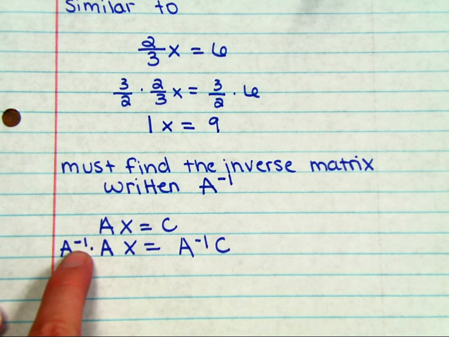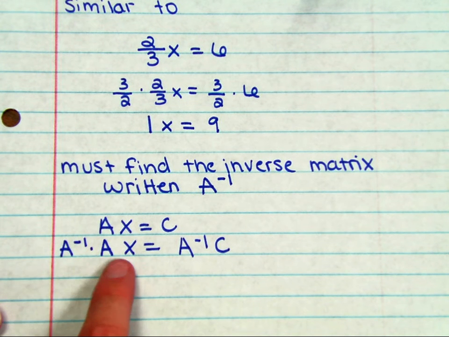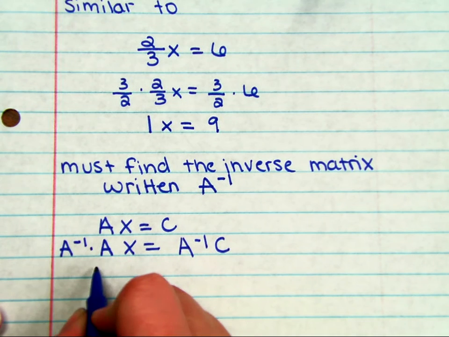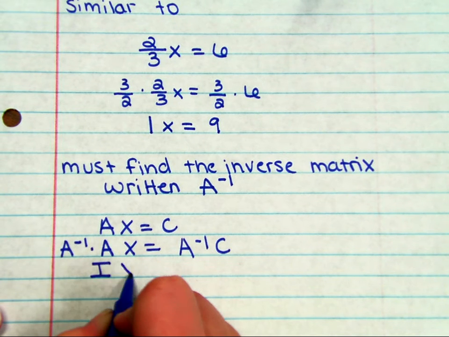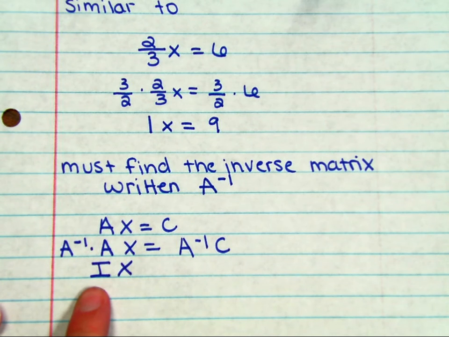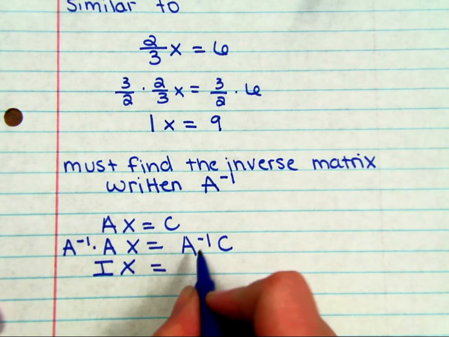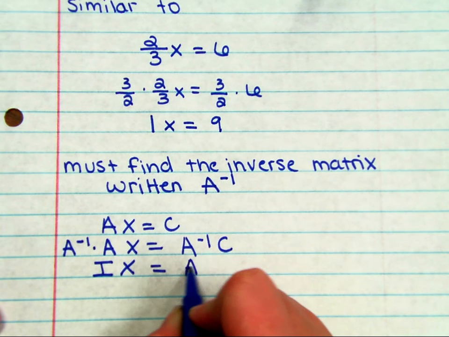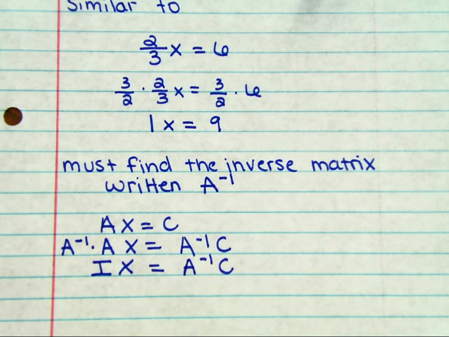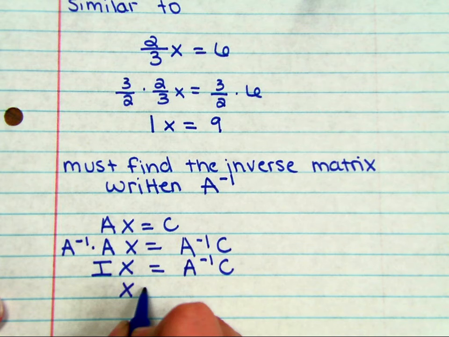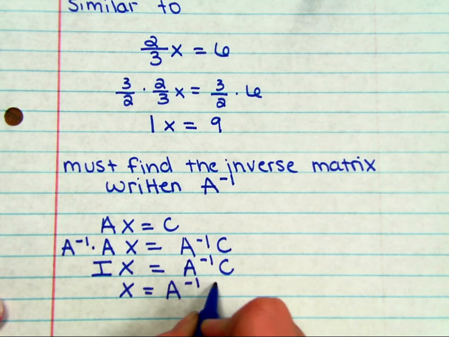A to the -1, or the inverse of matrix A, times A, is going to give me just X, but I have this I written in front of there because it really gives me the identity matrix. And that equals A to the -1 times C, which is really X is equal to A to the -1 times C.